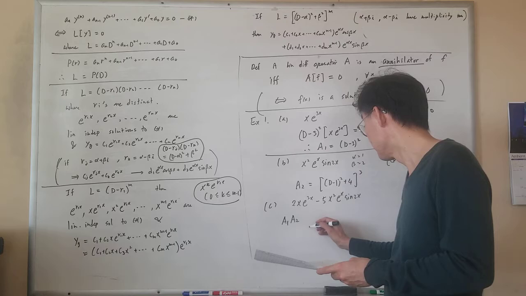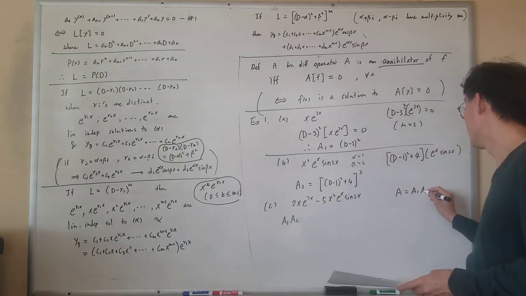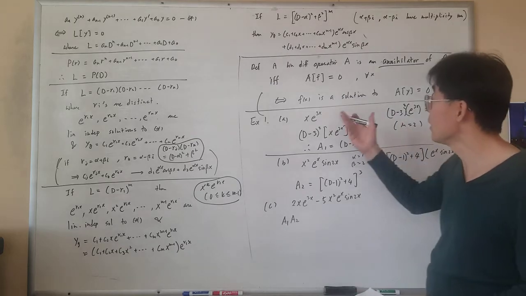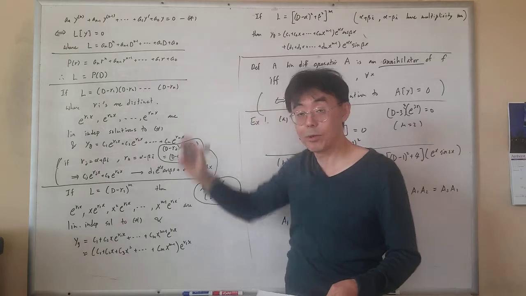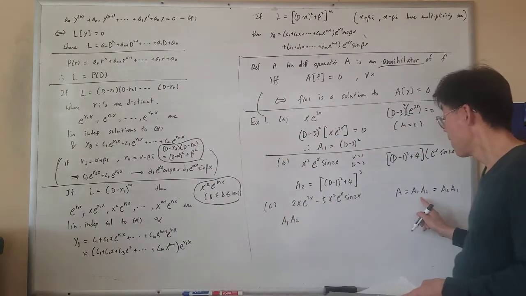I'm going to claim that we know this linear operator is commutative when you have constant coefficients.